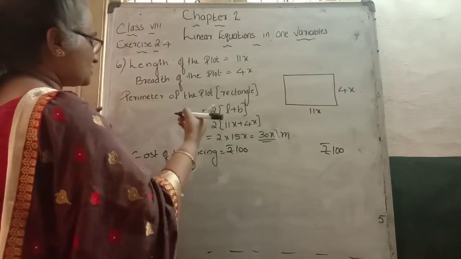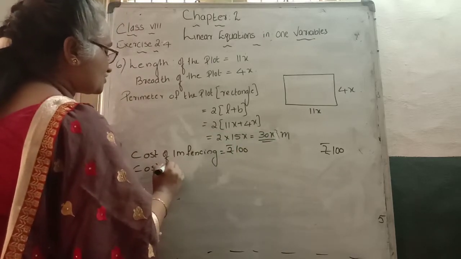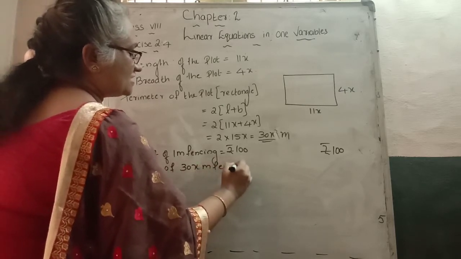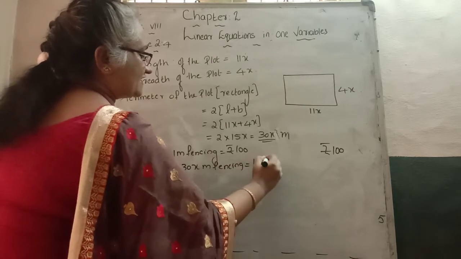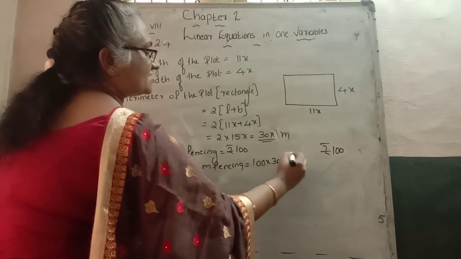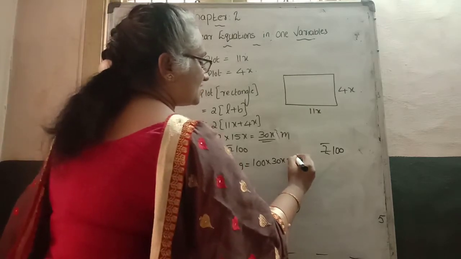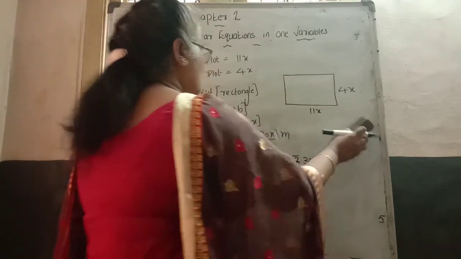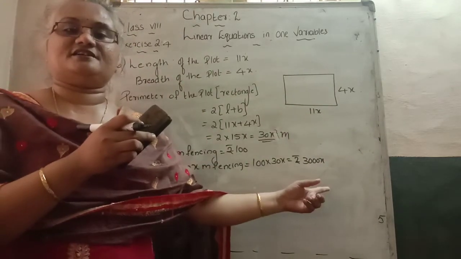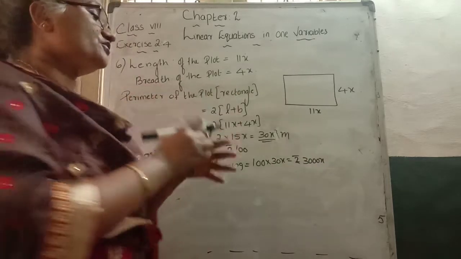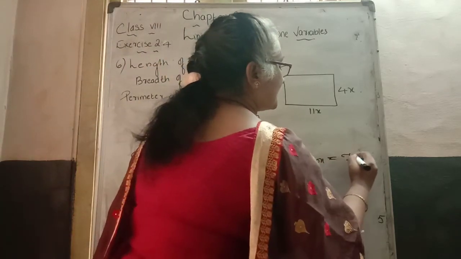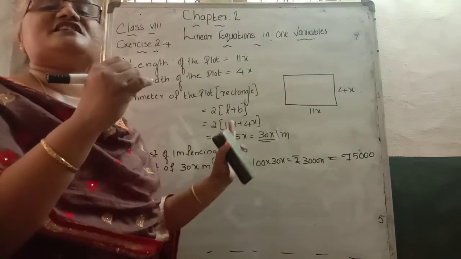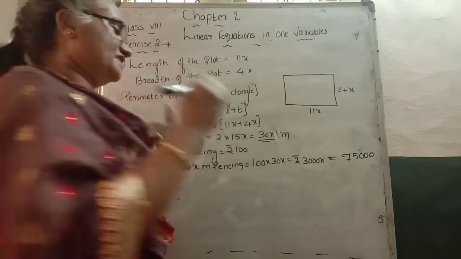Our plot has a perimeter of 30x meters, so the cost of 30x meters of fencing is 100 multiplied by 30x. 100 into 30 becomes 3000, so the total amount is 3000x. According to the question, the total amount allotted by the Grama Panchayat is 75,000.